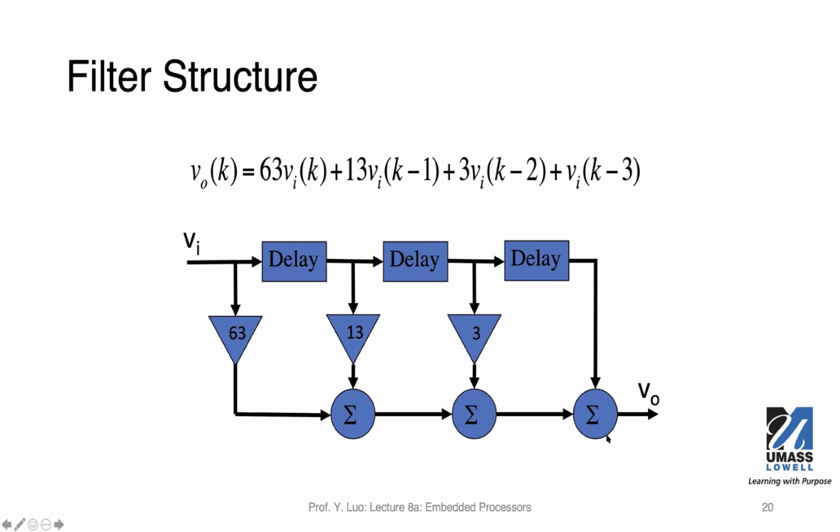So this is what we have as the filter structure. What we have here is several coefficient numbers that we sampled from the impulse response function. This here is actually a 1, but it's omitted because multiplying by 1 is the same thing.